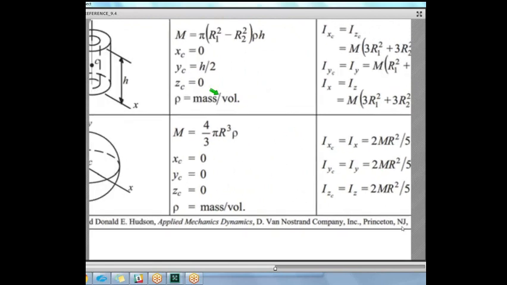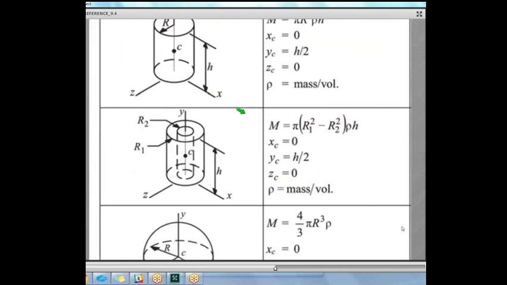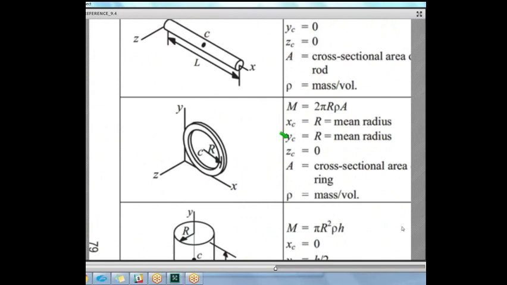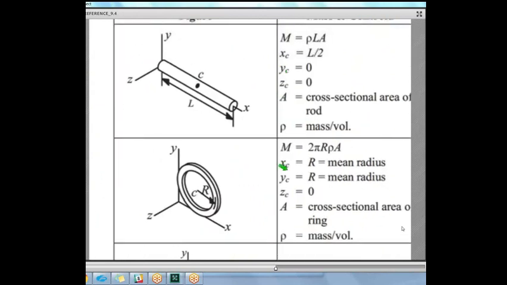However, in some of these figures, there is a little bit of a difference. For example, let's go up to this one. Here's the y-axis over here at the end. A y-axis that goes through the centroid would be here in a different location. In fact, the difference between those axes would be L divided by 2, half the length of that rod.